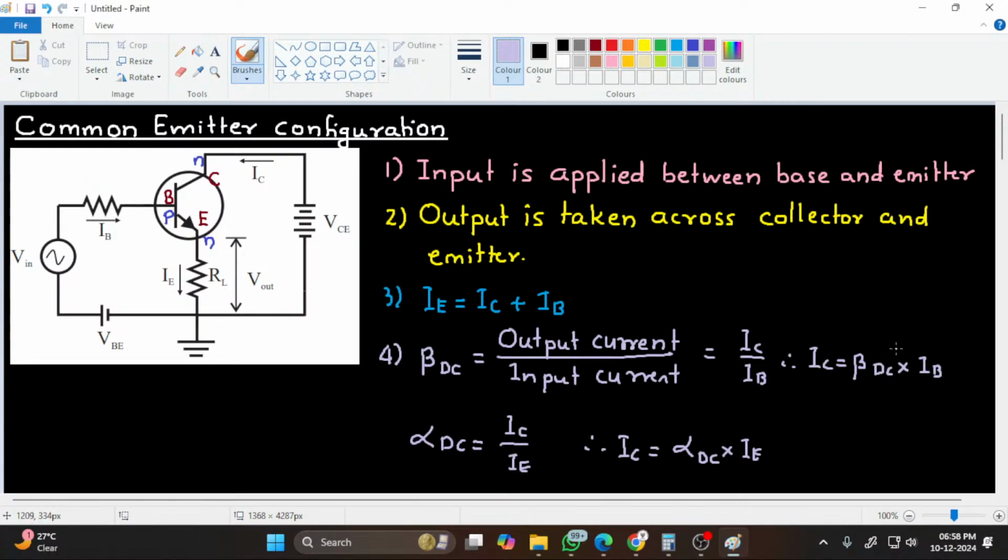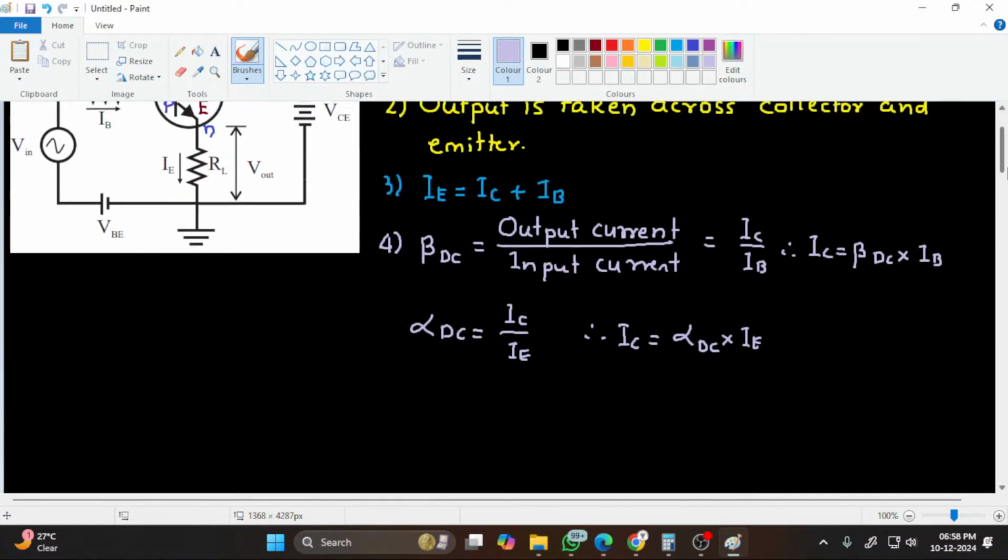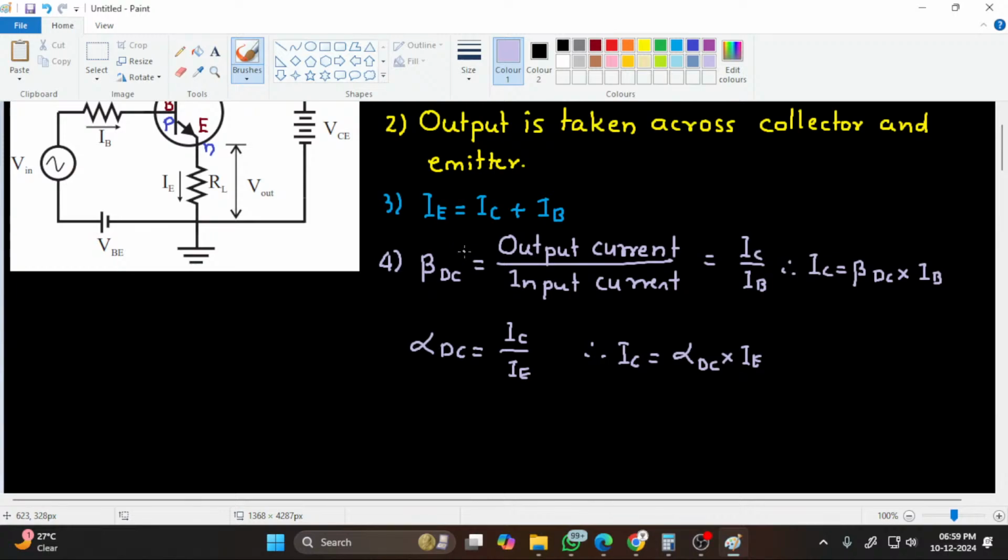Correct. And we have one more equation, IE equal to IC plus IB. So from that we can define the relation between alpha DC and beta DC.